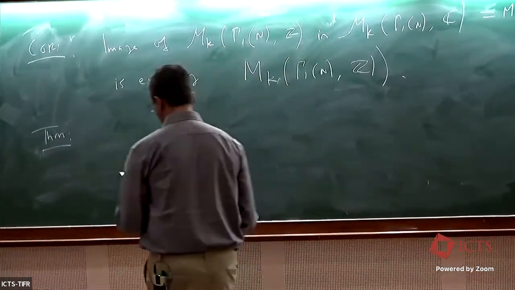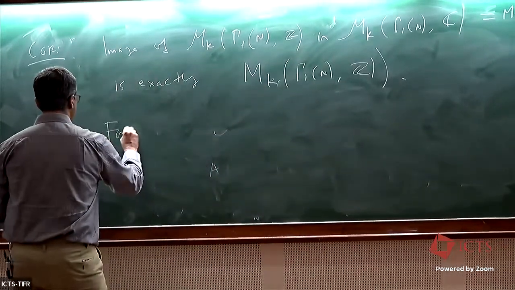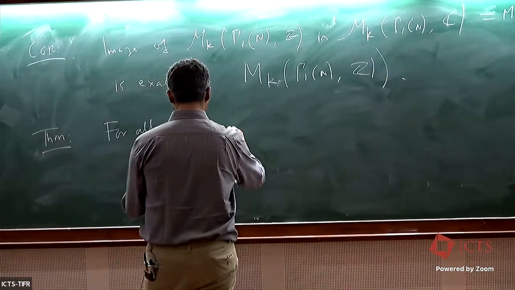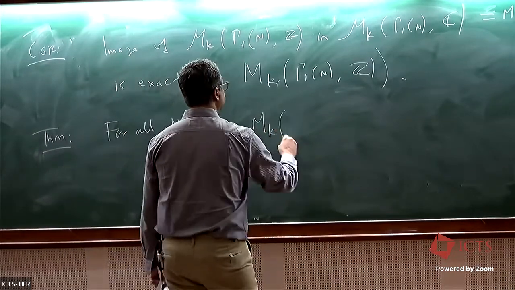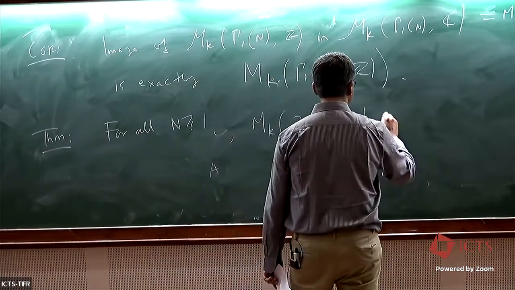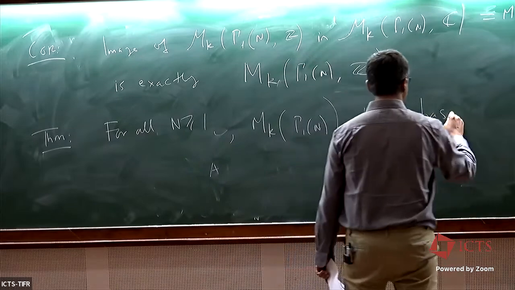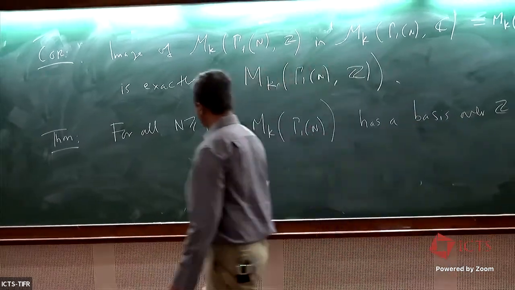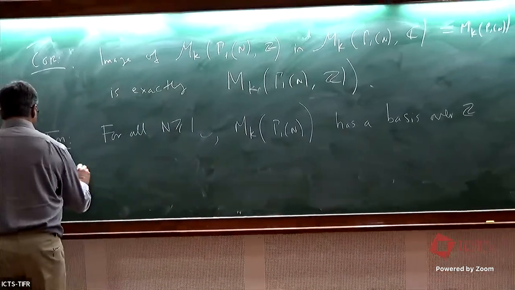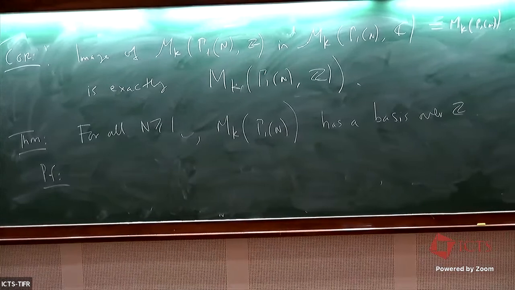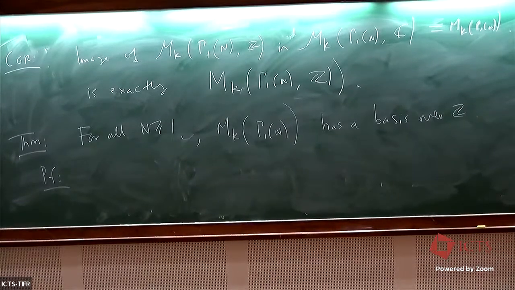Theorem that we get out of this: for all n greater than or equal to 1, M_k(Γ_1(n)) has a basis over Z. Why? So this proof, which is very slick, doesn't work for n equals 1, 2, 3.